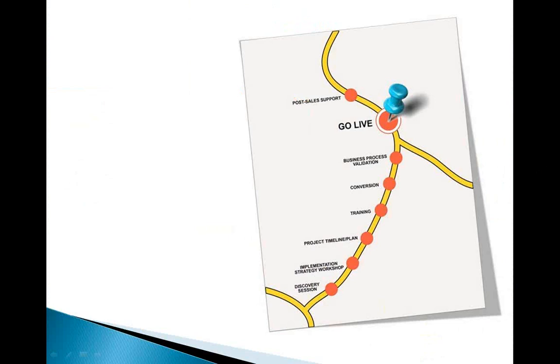Having the proper milestones in place to determine whether or not you are meeting your goals, whether or not you are still on track to ultimately have the final product that you have decided to implement. So those are very important. Having a good roadmap is the first thing that you want to do, getting that in place.